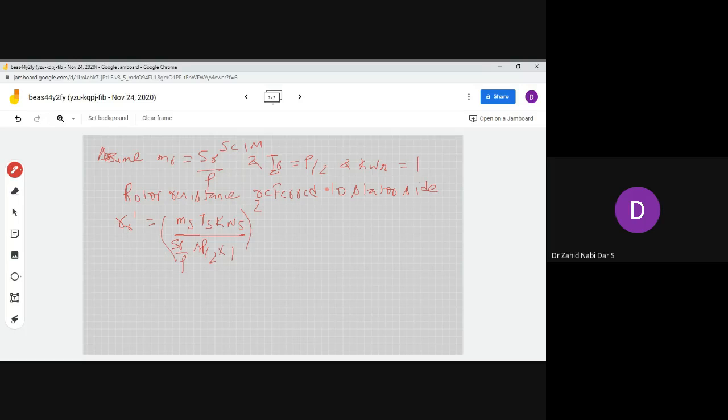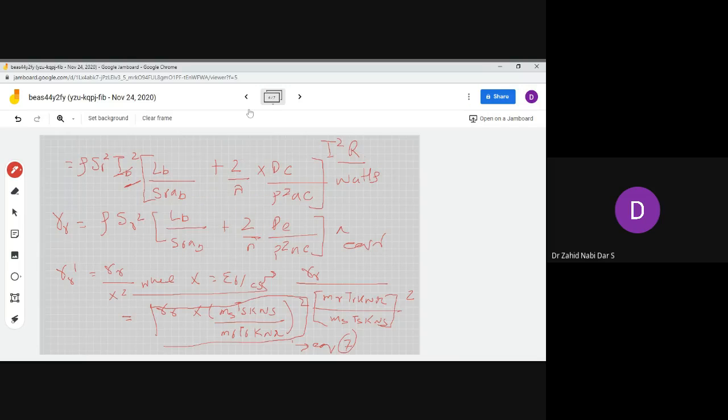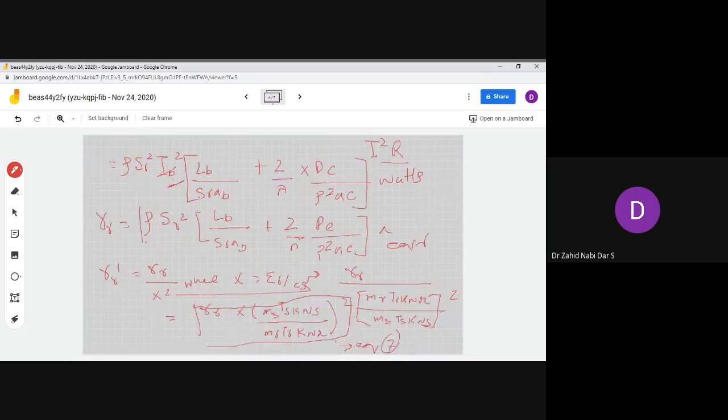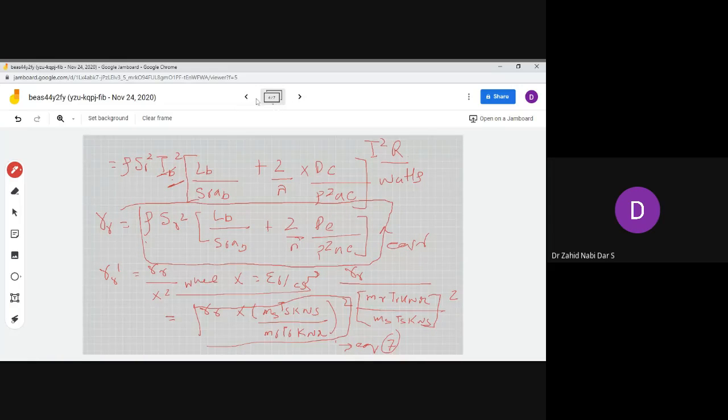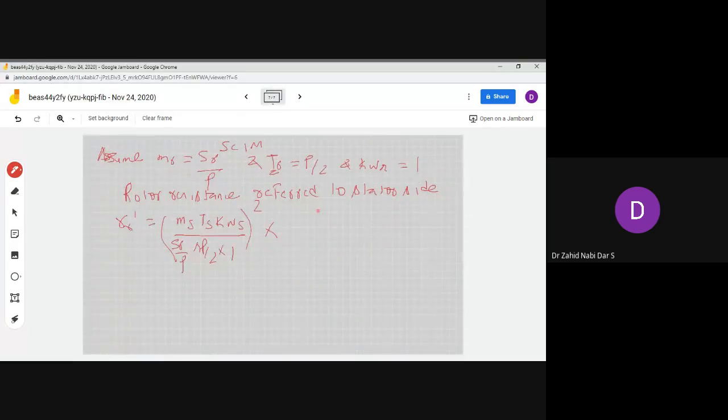These values we are putting into our normal value, the resistance RR value which we got. So from equation 6, we will substitute and write it down.